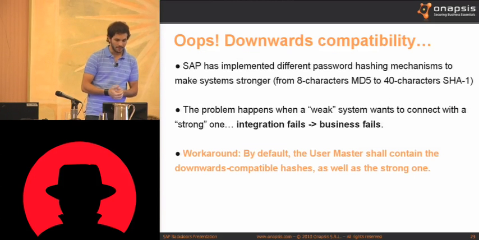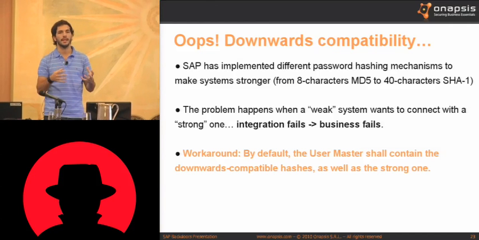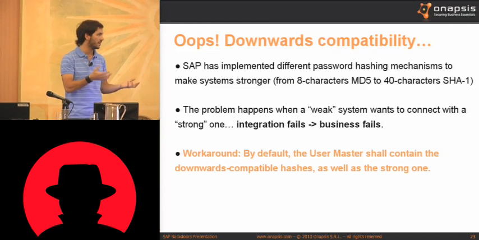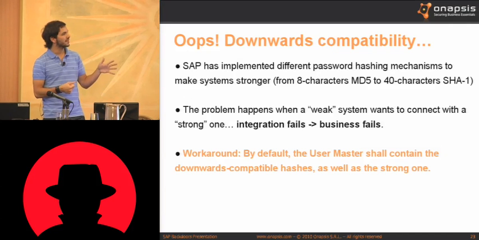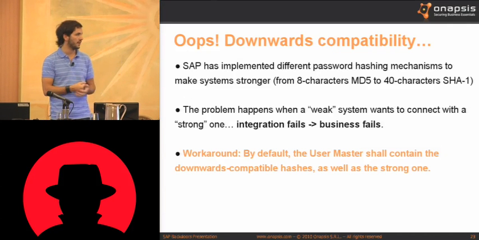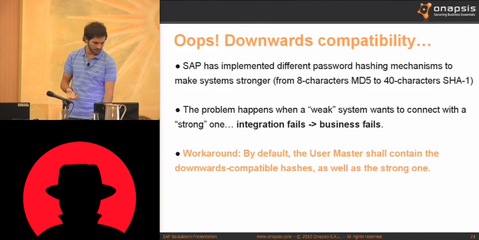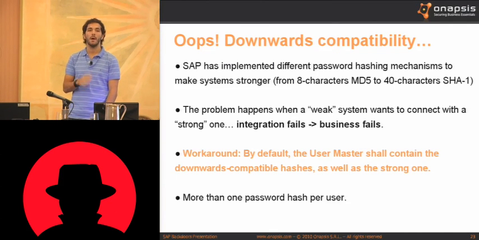So what SAP did, the workaround to keep the business running, is that the user master, the record for each user in the database, will contain the downwards compatible hashes as well as the strong one. So this means that there is more than one password hash per user.